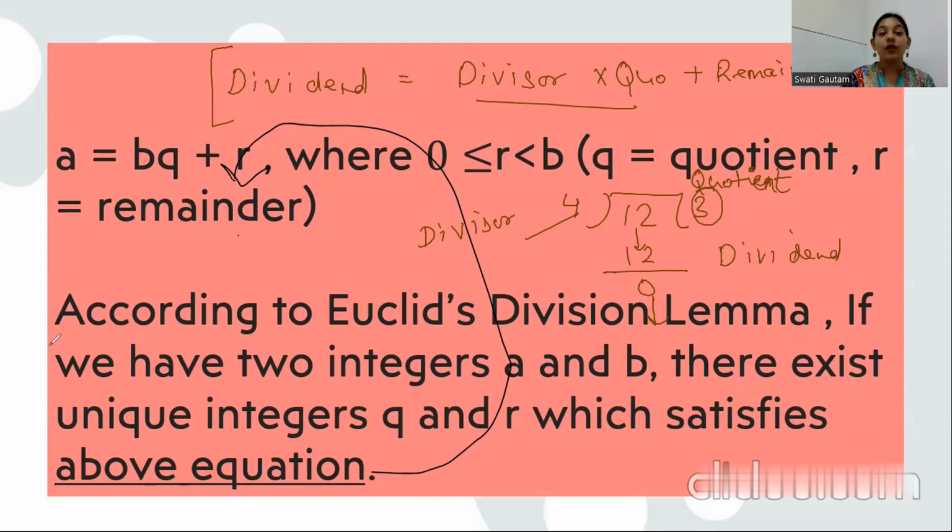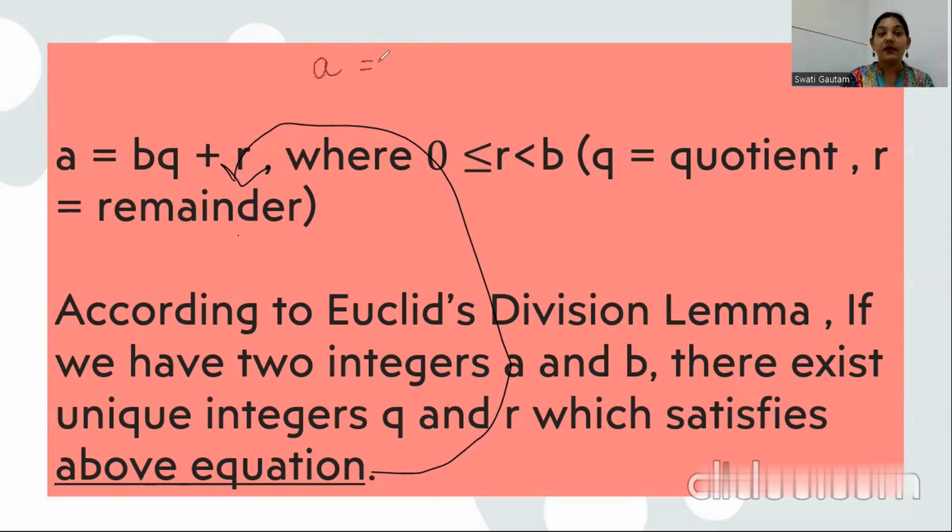We call the dividend A, the divisor B, the quotient Q, and the remainder R. Always remember that the remainder is either equal to 0 or greater than 0, and it is always less than B, the divisor. According to Euclid division lemma, if we have two integers A and B, the dividend and the divisor, there exist two unique integers Q and R. That is the Euclid division lemma.